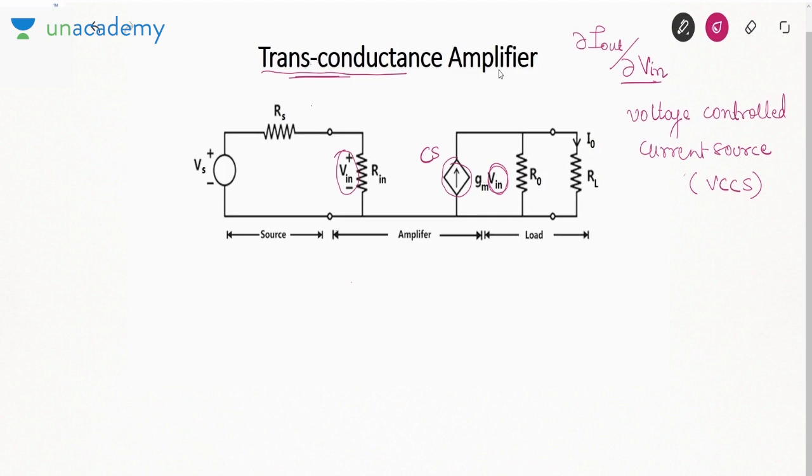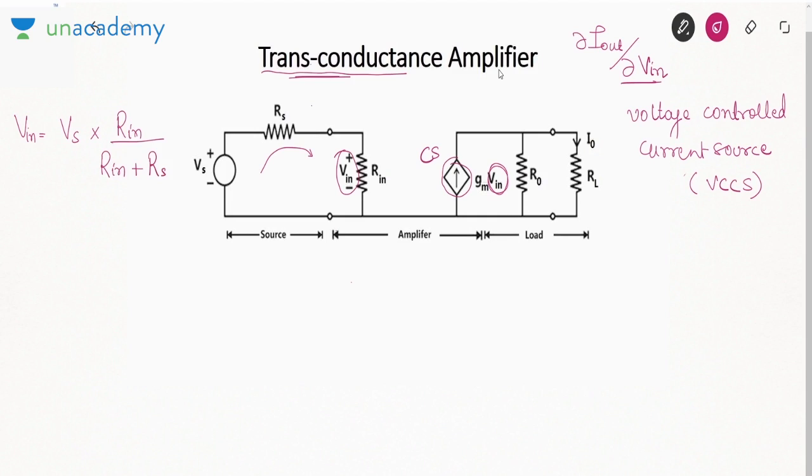Now in this source what will happen is, first of all I will find out Vin. This is a series circuit, so which law should I apply? I should apply potential division. Vin is equal to Vs into Rn over Rn plus Rs.